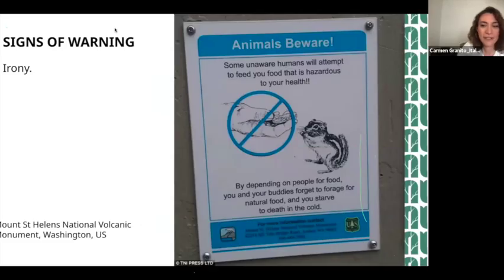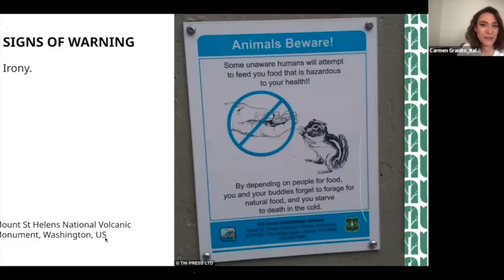This is basically reversing the perspective. It's not a warning to humans, but a warning to animals. Of course, it is a warning to humans too, but it creates an empathetic connection with the animals.